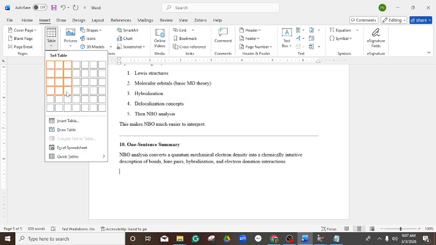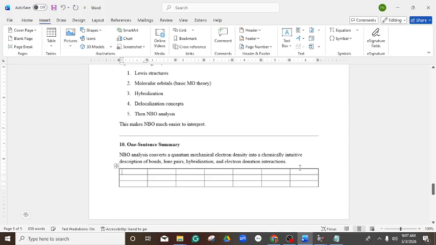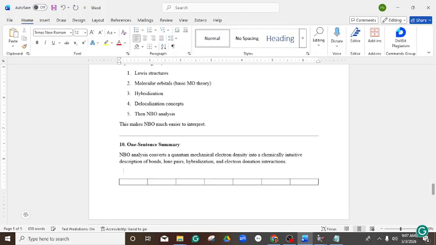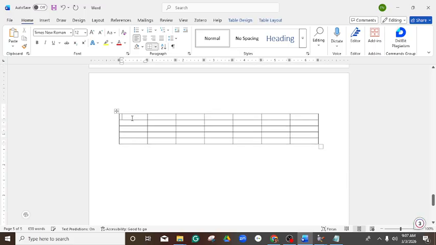So we're going to insert a table. As usual, your table is first going to have the name of your compound. The name of this compound is TCS C3N4. Yes, this is the compound we're working with.